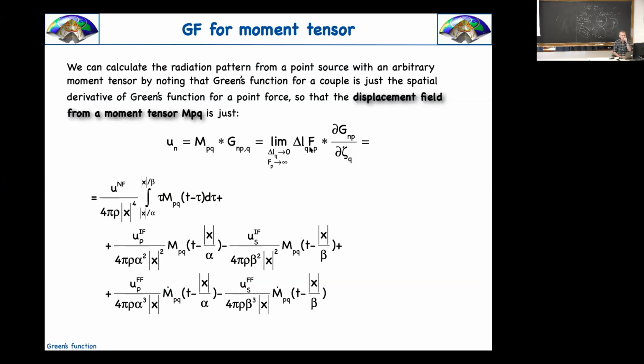We have a force in a given direction. We have an arm in the other direction, and we have to convolve with the spatial derivative in the direction of the arm of a Green's function. Why?